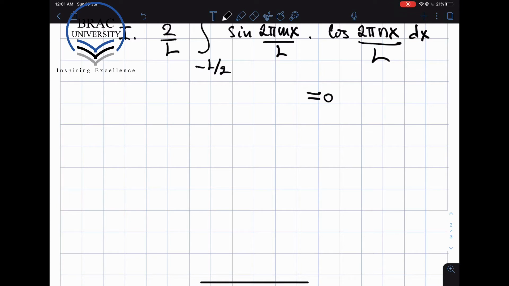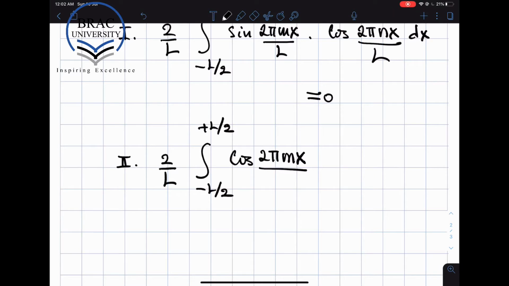We also have to specify what happens when we integrate two sine functions and two cosine functions. Let's start with the cosine. If we do a similar integral, cosine of 2 pi m x by L and cosine of 2 pi n x by L dx, then this will be 0 unless m and n are equal.